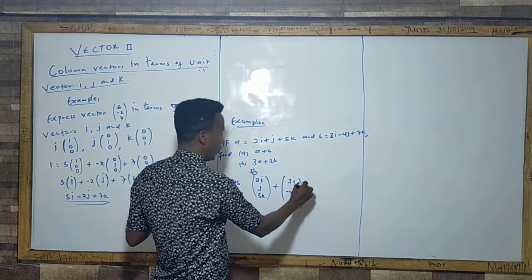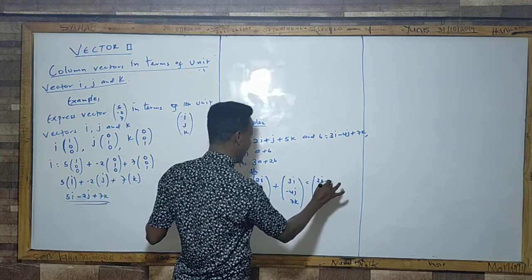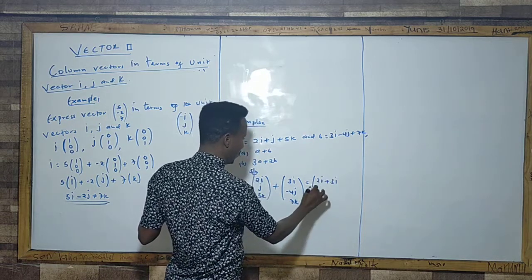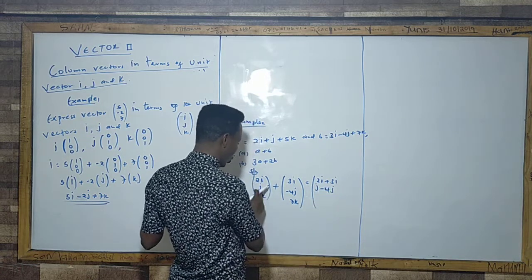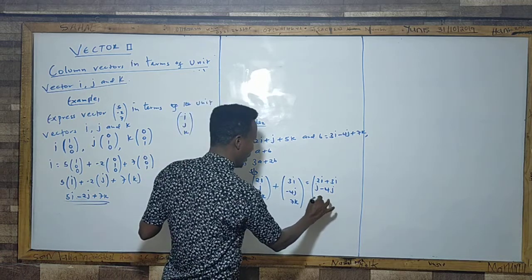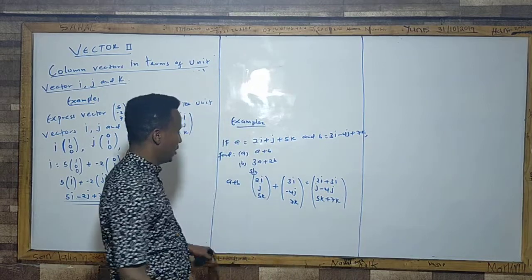So what are we going to do? We are going to open another bracket, that is 2i plus 3i, then down there we'll have j minus 4j, because j plus and minus to be minus, just understand that. Then down there we'll have 5k plus 7k, close the bracket.